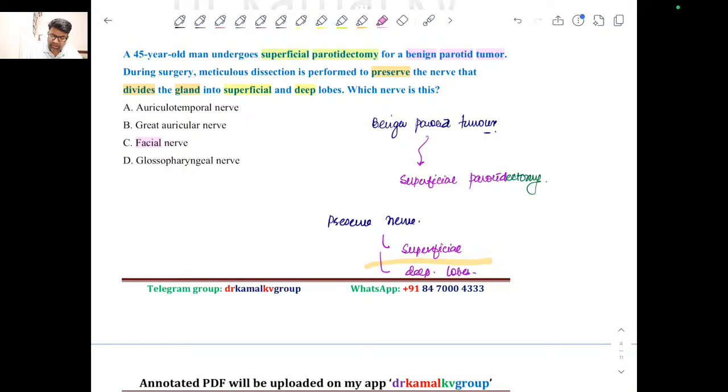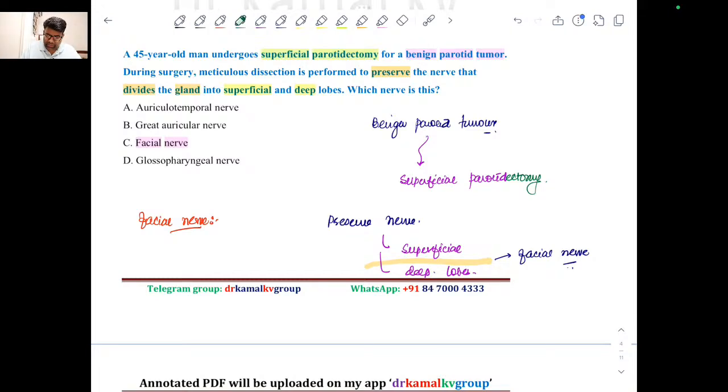This is the facial nerve. So what you need to remember, this is the facial nerve, and remember one thing, the facial nerve travels through the substance of the parotid gland, dividing it into superficial and deep lobe, but does not give secretomotor fibers to the parotid gland. So that's a very important thing which you should know about the facial nerve.